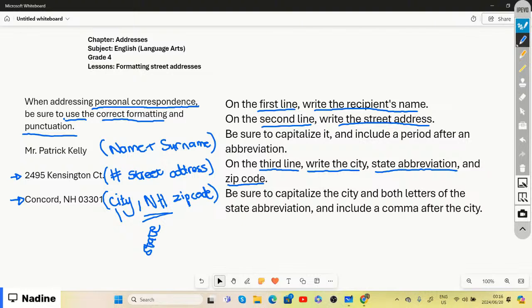The zip code will then basically direct you specifically to either your city or even the suburb that you live in. And be sure to always capitalize the city, and both letters of the state abbreviation. Add a comma after the city.